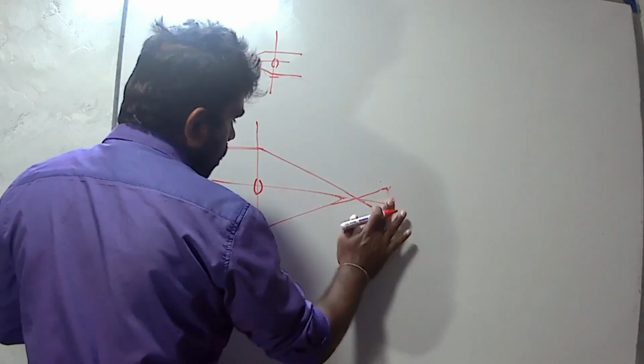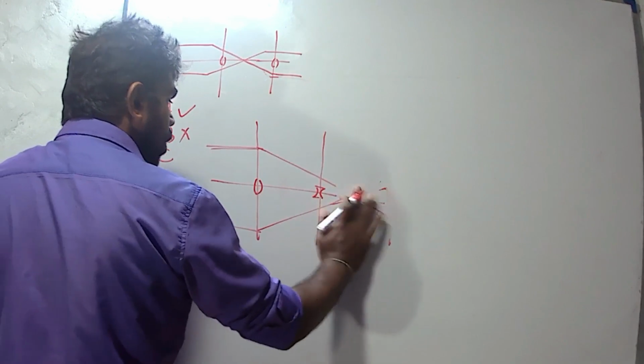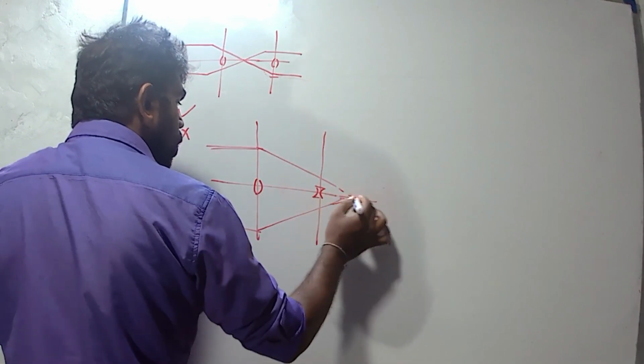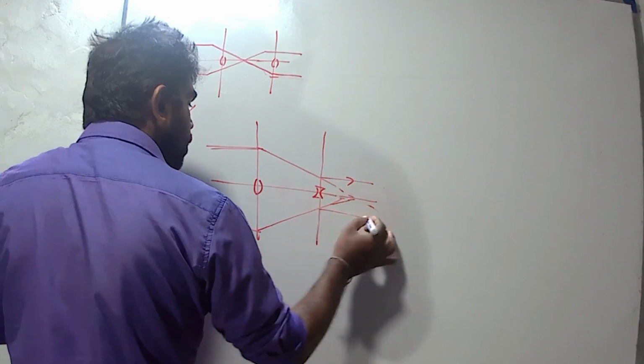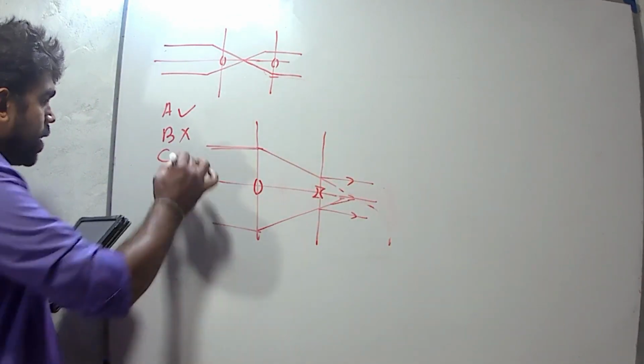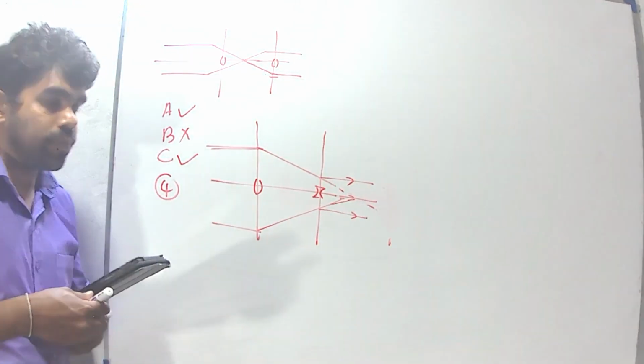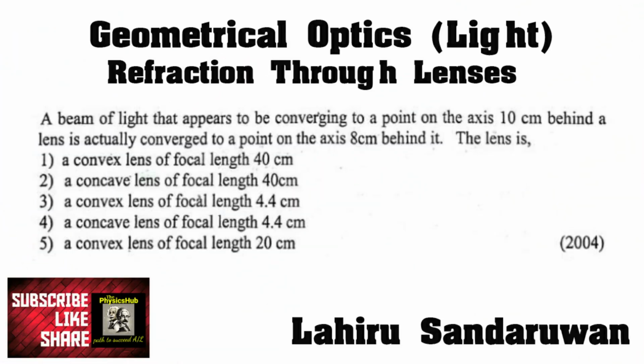The lenses should be placed at a point like this. Then we can observe 2 parallel rays. It means a narrow parallel beam. C is correct. A and C. Then answer is 4.